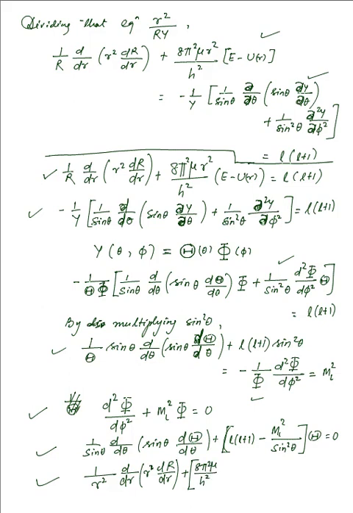The r square that was multiplied over there has been taken the other way around, so e minus ur minus L times of L plus 1 over r squared whole multiplied to capital R, and that is equal to 0. So we have these three important equations with the variables separated.